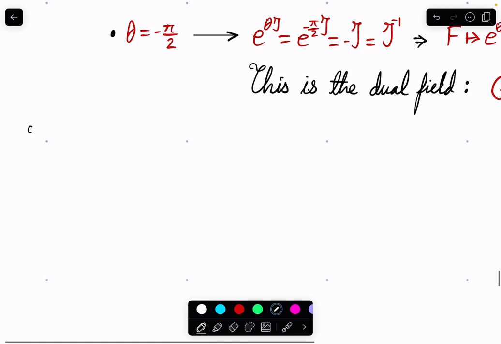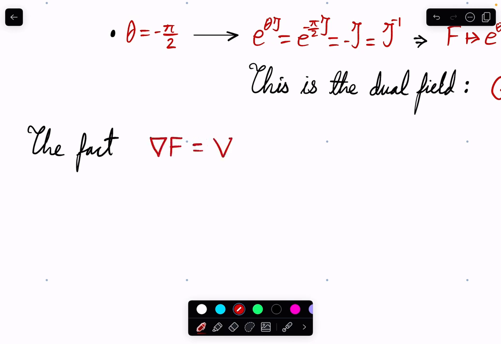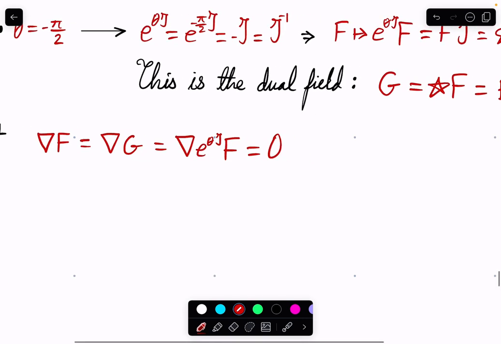So the fact that the gradient of F is equal to the gradient of G is equal to the gradient of any phase factor e to the theta I F, which is equal to 0, and this is for all theta in the reals.